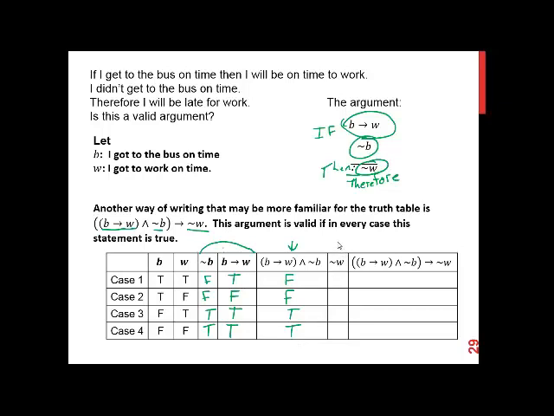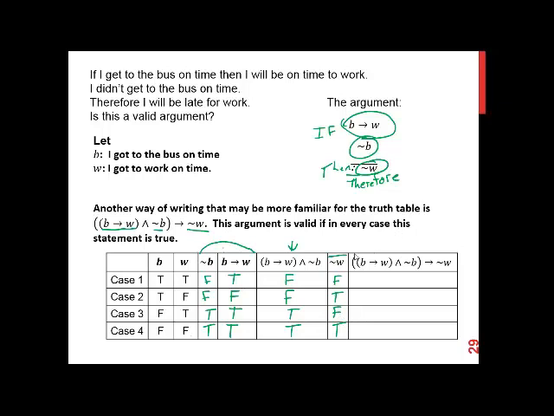Next we need to look at our last statement, our consequence, not W. So we'll look at our W column and we'll negate that. False, true, false, true.